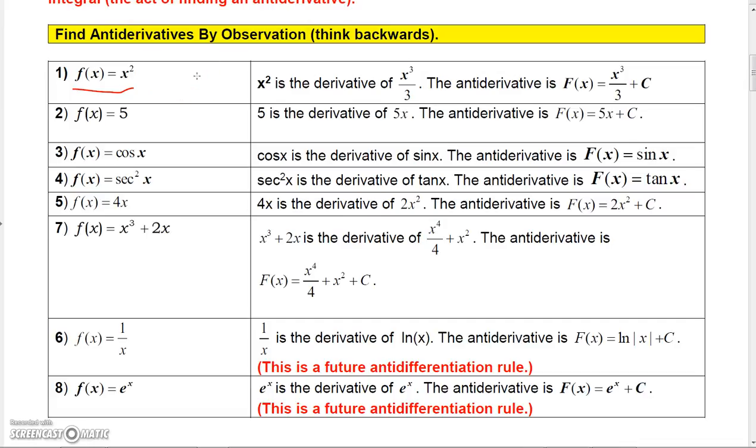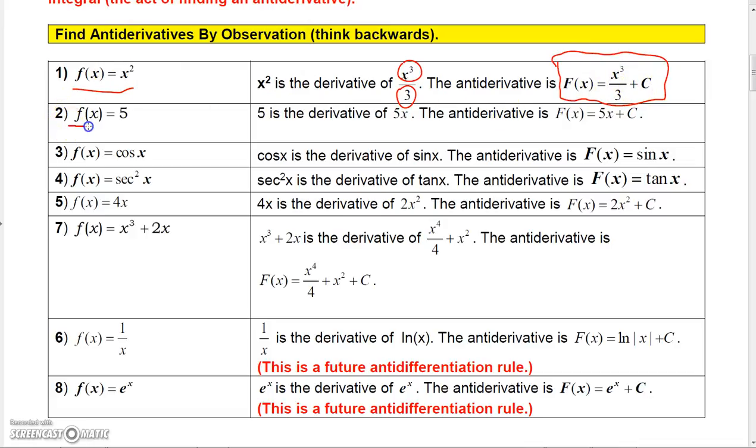So, like I did before, to make sure that the 3's cancel, I have to divide it by 3. So if I use x cubed over 3 as an antiderivative, then the set of antiderivatives for x squared is the set x cubed over 3 plus a constant.